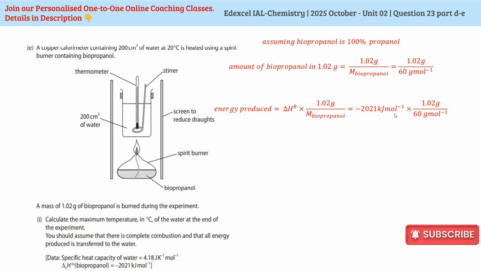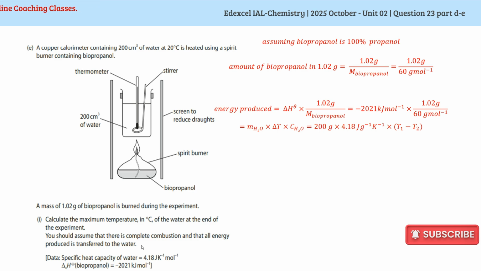To do that, I can multiply the molar enthalpy by the amount of biopropanol that is burnt. Then I can equate that value to the energy required to increase the temperature of water, as in the question it is allowed to assume that complete combustion happens and all the energy produced is transferred to the water.